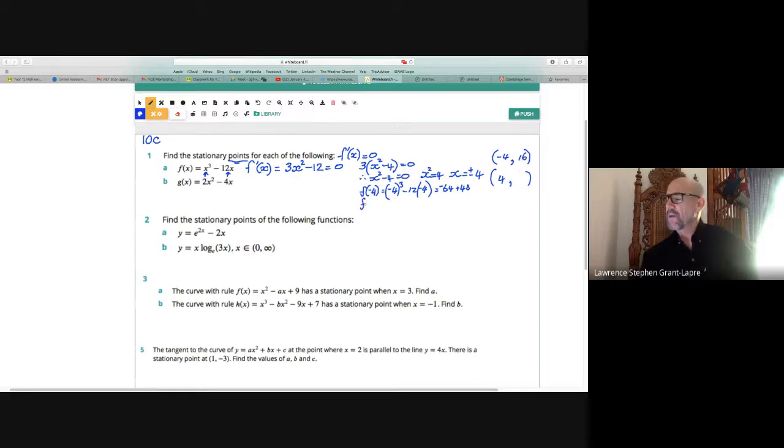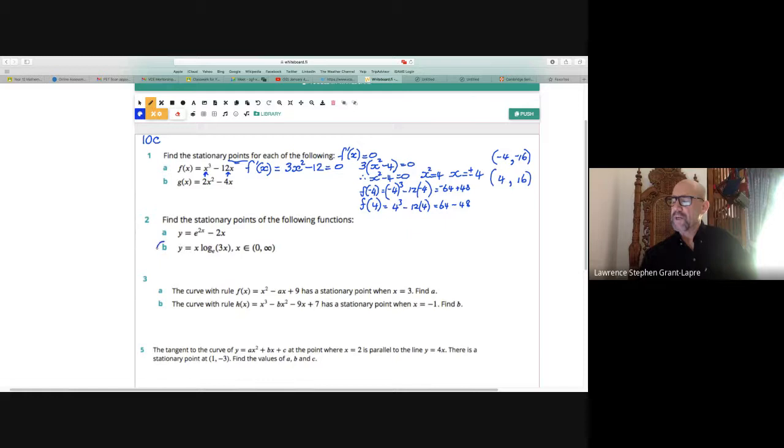And substitute x is positive 4. We get 4 cubed minus 12 times 4. So 64 minus 48. Oh, this one was negative 64. This is positive 16. So negative 16 and positive 16. All right, and that's the stationary points.